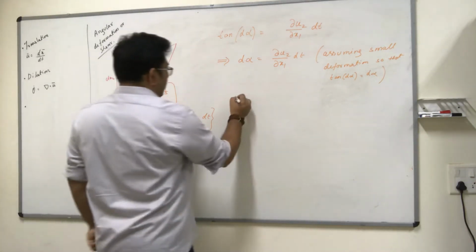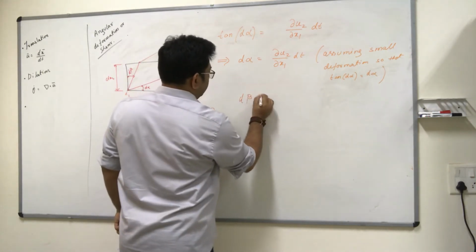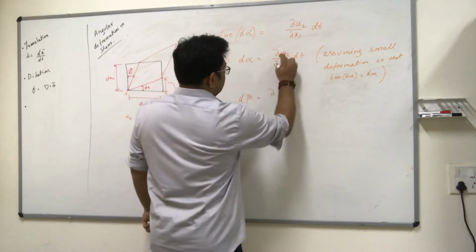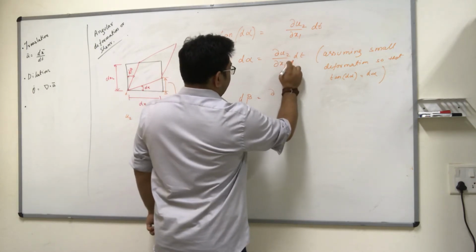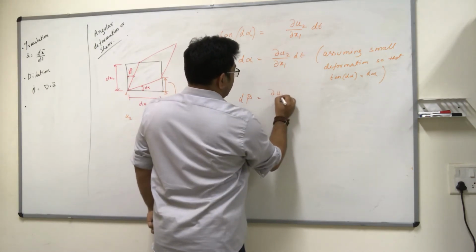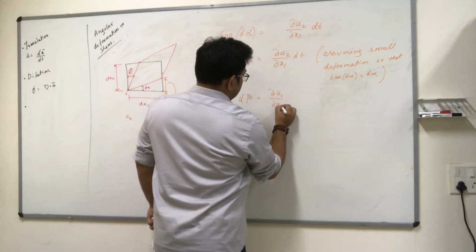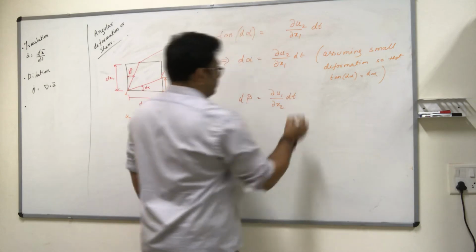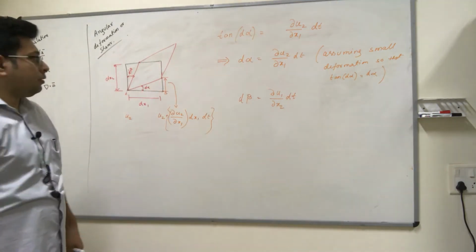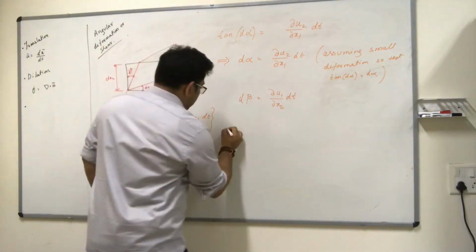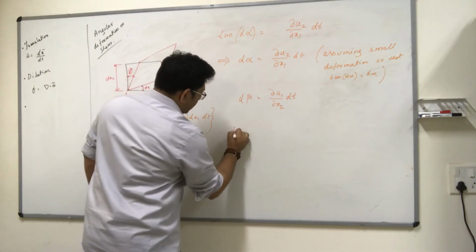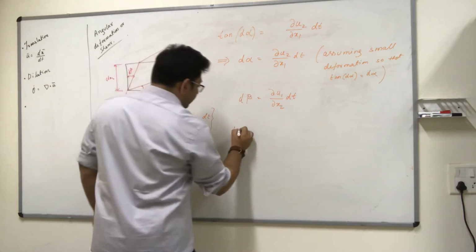What about beta? If you look at it, it is simply these 2 getting reversed over there. So I want you to do it yourself, and this is what you should get. Sorry, there's a dt here. So if I had to deal with the rates of change of alpha and beta, because this is again fluid mechanics, I'm dealing with rates.